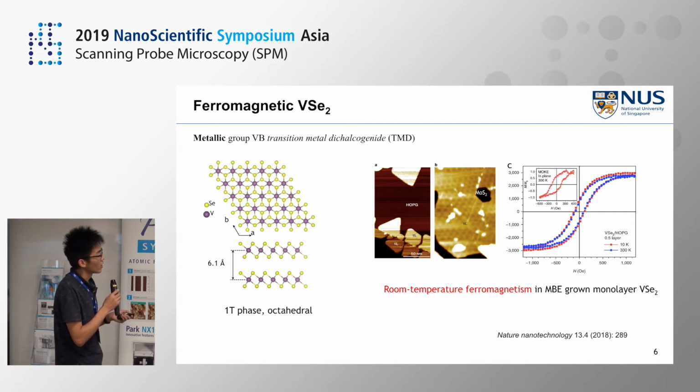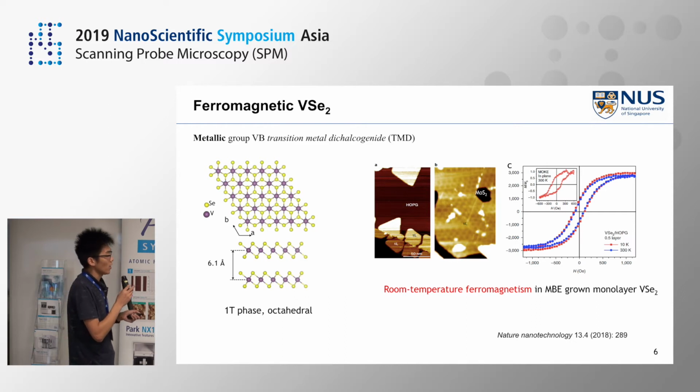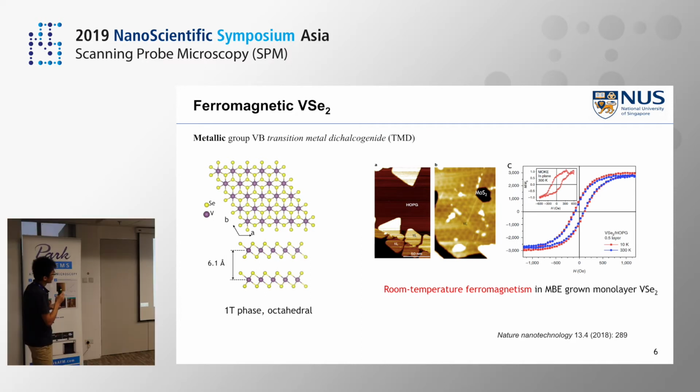The first publication on its ferromagnetism was just last year. They grew the monolayer VSe2 film in a high vacuum system using the molecular beam epitaxy method, and they used a SQUID to confirm its ferromagnetism.